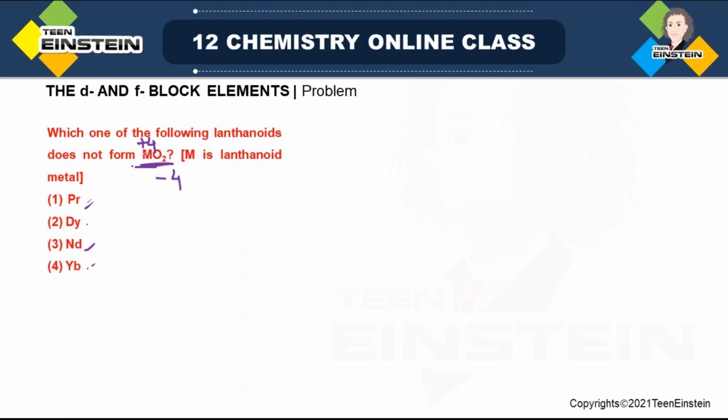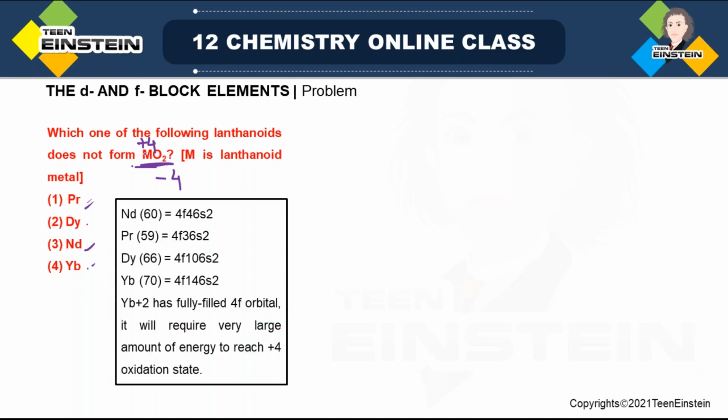Now remember, +4 oxidation state is not formed by all the elements. It is only observed in some cases. Have a look at the electronic configuration. It is true that all of them are lanthanides, but the configurations are Nd 4f4 6s2, then Pr 4f3 6s2, Dy 4f10 6s2, and ytterbium 4f14 6s2.